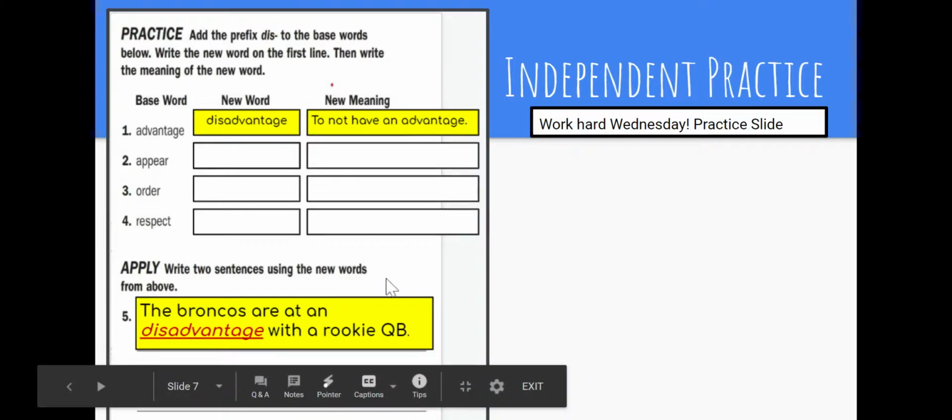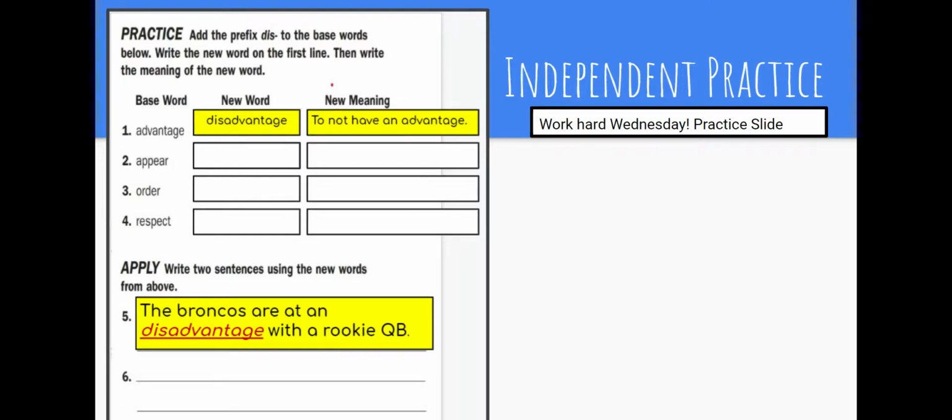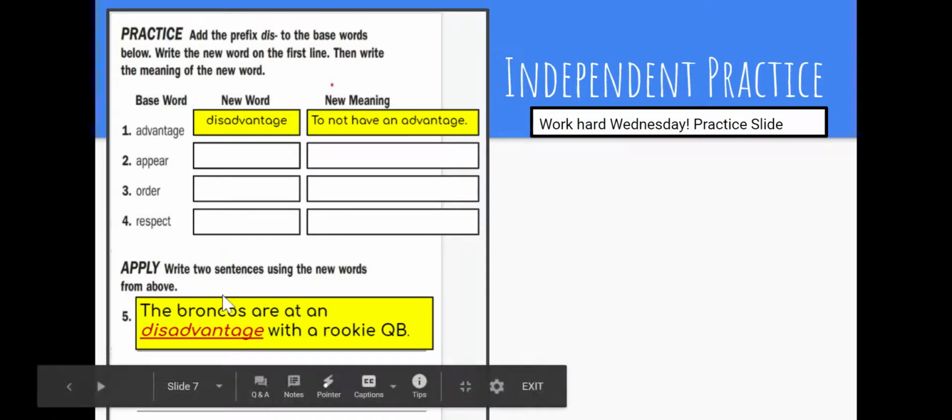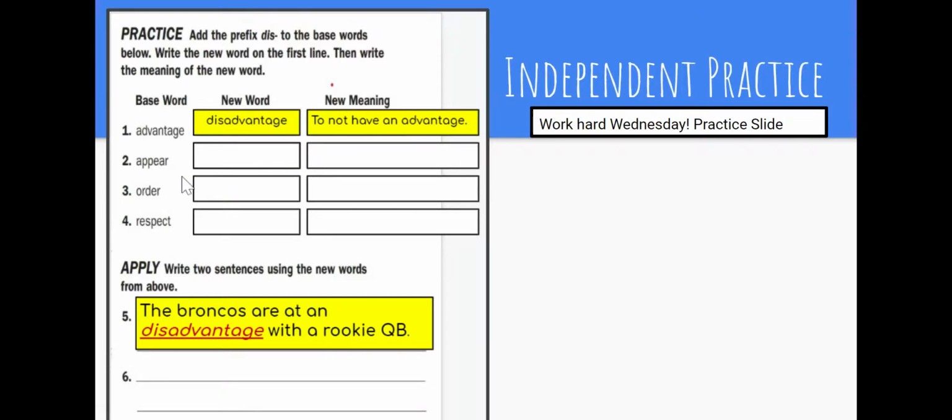6, you're going to write a sentence because Miss McAfee already wrote one sentence for you. I already used one of these words, so you can't use advantage. Your sentence, you can choose either the word appear, order, or respect. You are going to use one of those words once you've added the prefix dis to it.